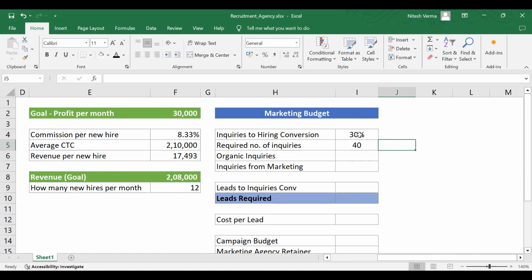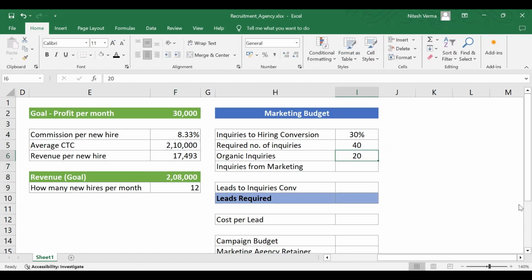If they receive 40 inquiries, at their conversion of 30%, they'll be able to hire 12 candidates, and at the revenue per hire, they'll meet their revenue goal. But let's say out of 40, they receive about 20 organic inquiries.